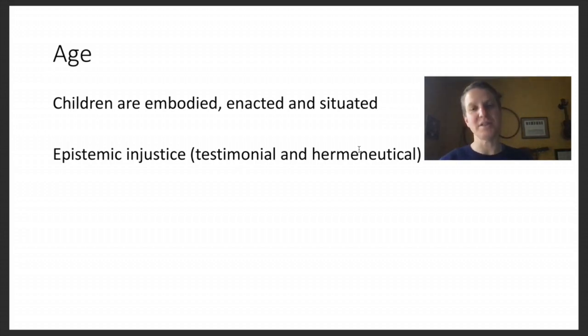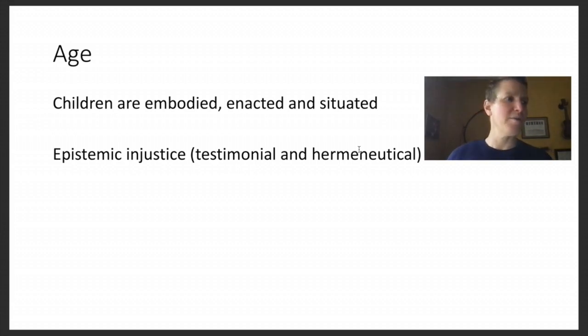We looked at two kinds of epistemic injustice, testimonial and hermeneutical, and how those affect how children become enacted, how we make decisions on their behalf by ignoring or dismissing their own capacity for knowledge and their position as knowers. So we deny that they can know.